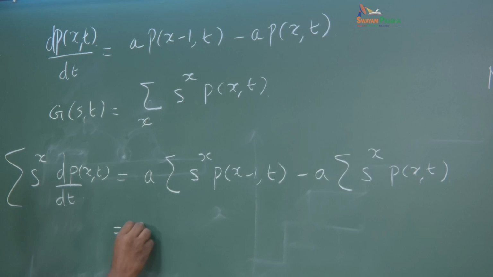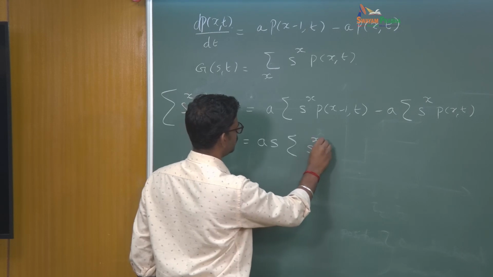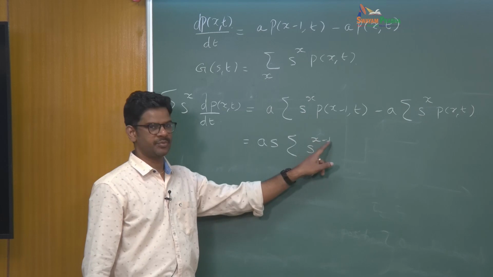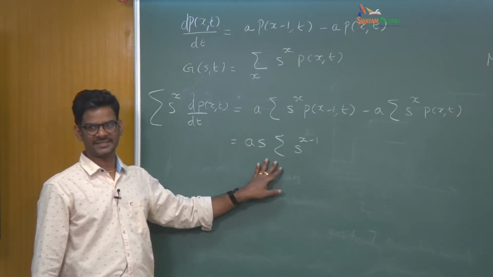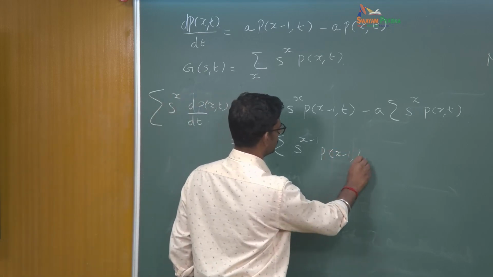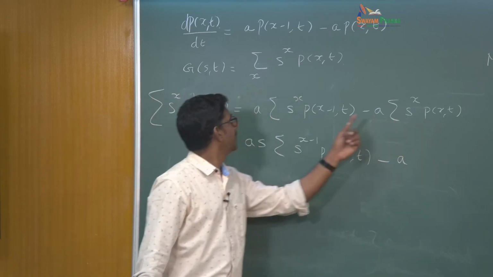In this term I can take an s outside. I'm splitting s power x as s power x minus 1 times s, and s can be taken out because the summation is only over x. So this entire term is nothing but g itself.